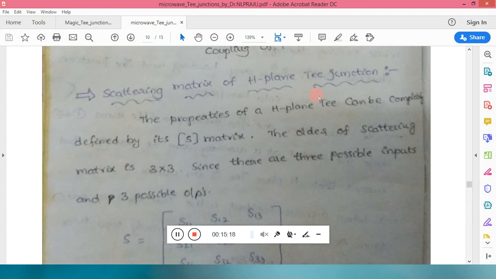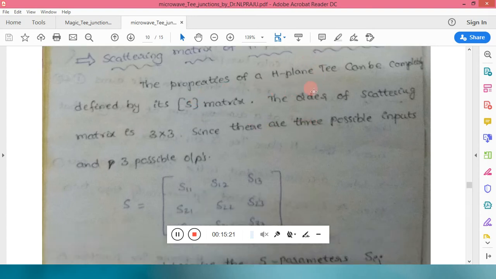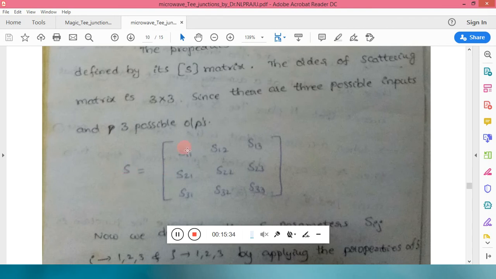The scattering matrix of the H-plane T junction: the properties of the H-plane T can be completely defined by its S matrix. According to the first property, the order of the scattering matrix is 3 by 3, since there are 3 possible inputs and 3 possible outputs. So the S matrix is a 3 by 3 matrix like this.